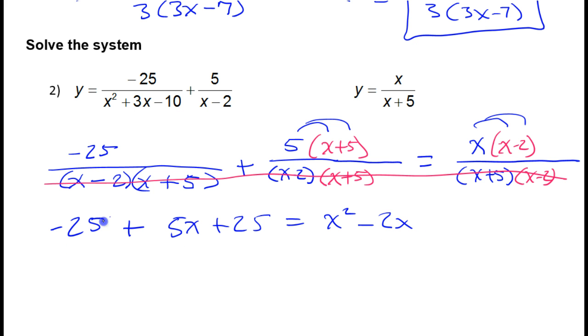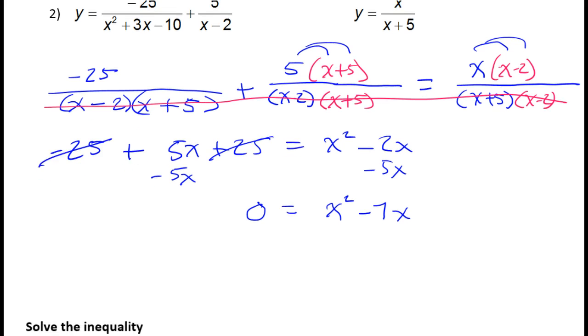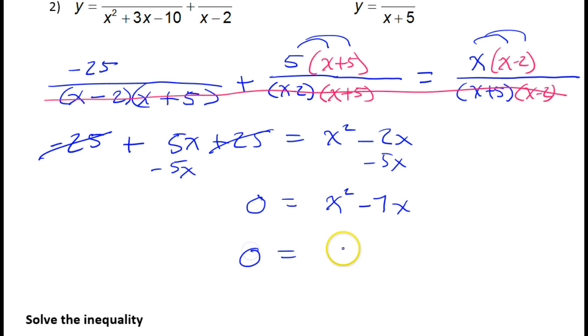Now, if I combine these like terms, the negative 25 and the positive 25, they cancel each other out anyway. So I'm just going to subtract 5x from both sides. So that's going to give me 0 is equal to x squared minus 7x. And so I can factor this by pulling out a common factor of x. So that'd be x times x minus 7.